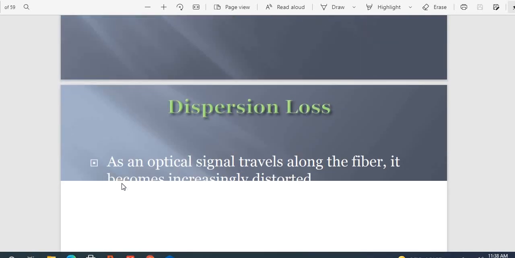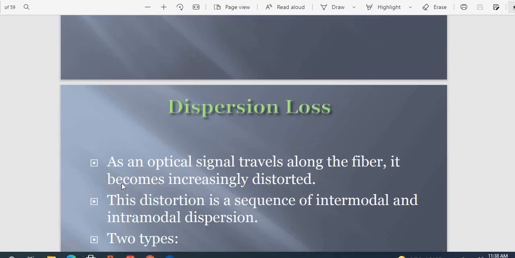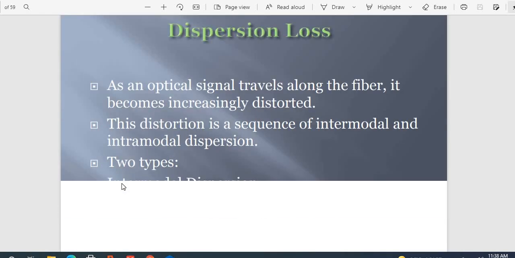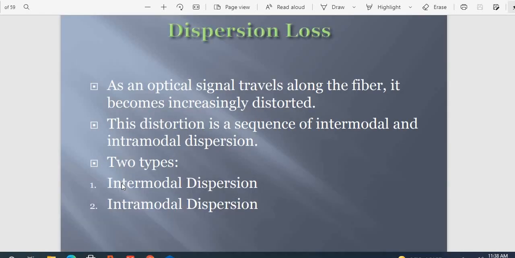Next we have dispersion loss. The next kind of loss we are going to learn after scattering is dispersion. In dispersion, as an optical signal travels along the fiber, it becomes increasingly distorted.